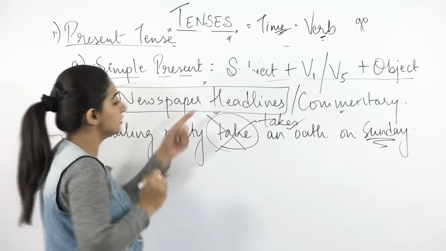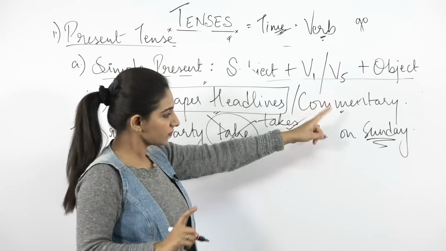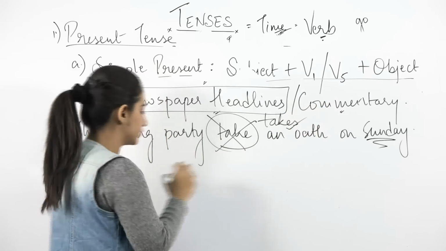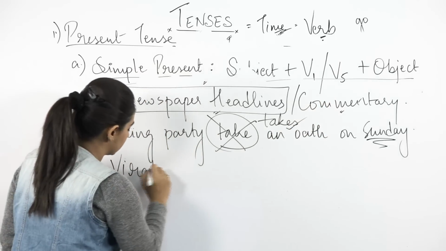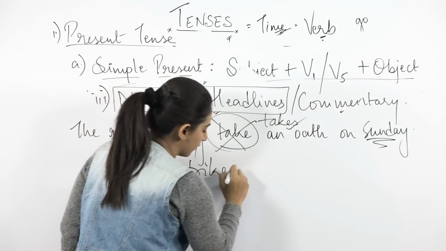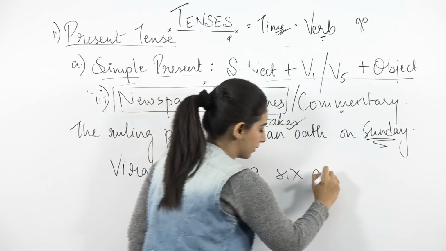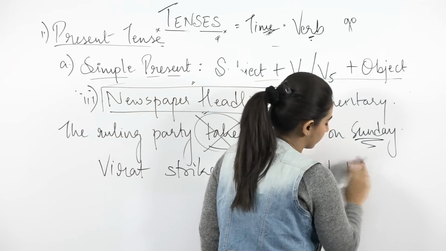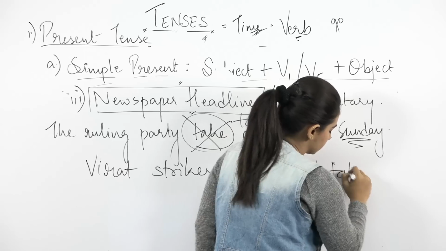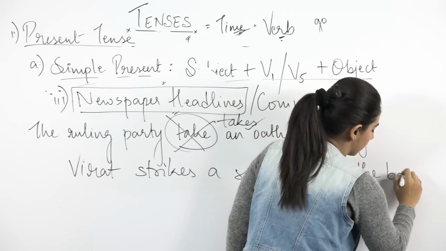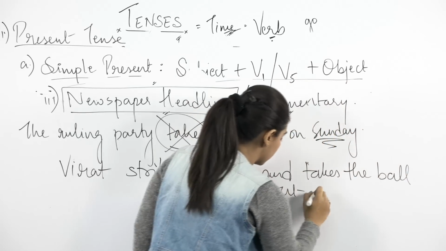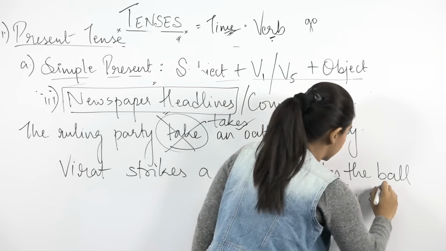In newspaper headlines, right? Next is, we were talking about commentary and I told you Virat strikes a 6 and takes the ball out of the stadium.